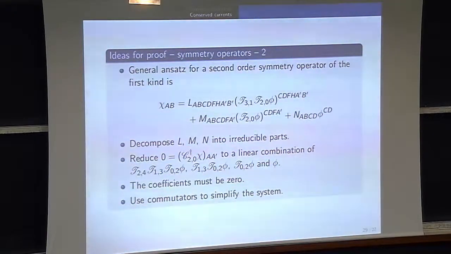Then the general procedure is to do irreducible decomposition of these things. We'll have some symmetries. AB will be symmetric, and then this is completely symmetric. It will be a bit of a mess, but that can be done. And the same thing for M and N.